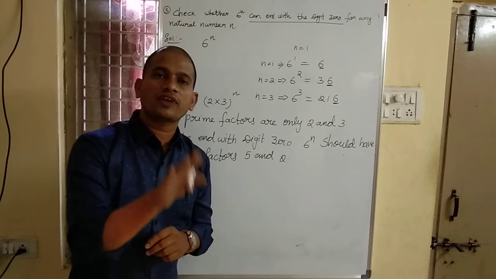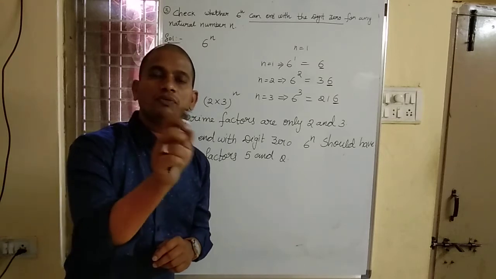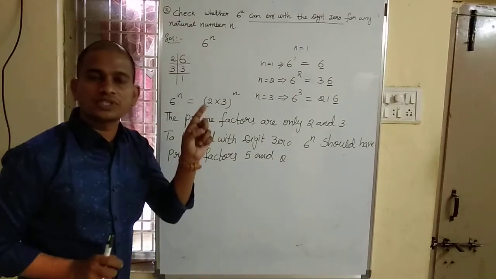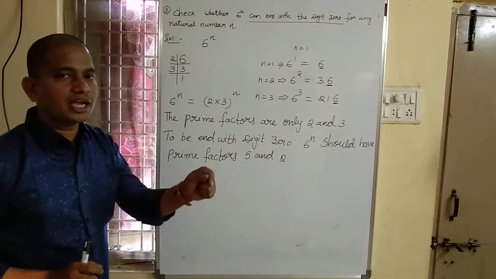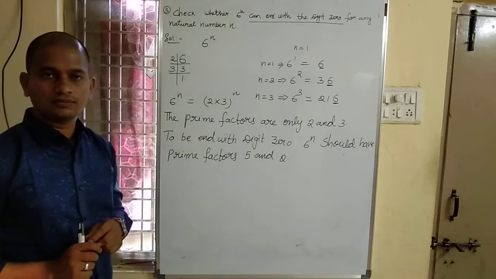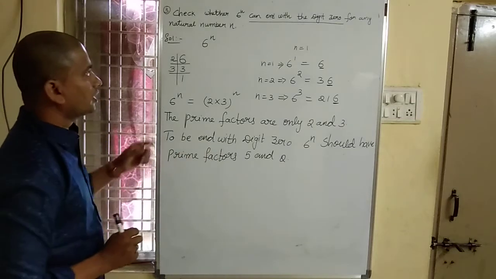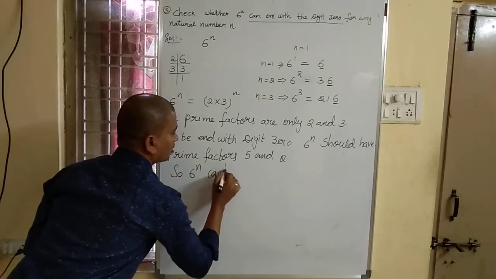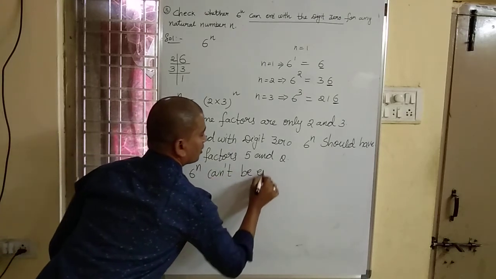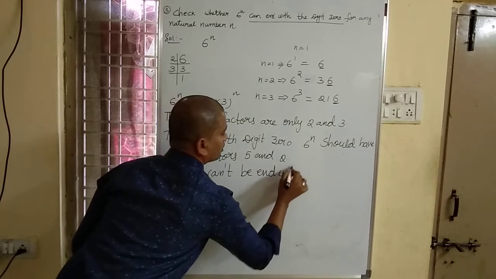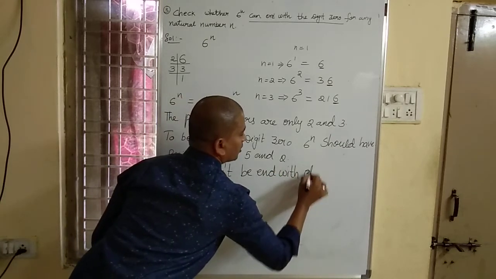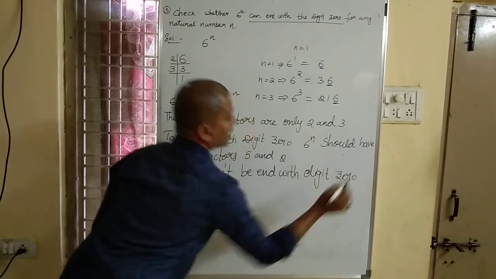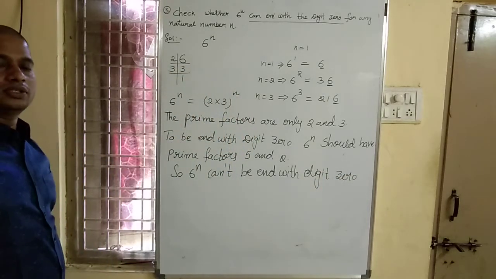If it contains the prime factors 2 and 5, then it will end with digit 0. But here in the prime factorization of 6 power n, it contains only the factors 2 and 3. So therefore, 6 power n can't end with digit 0.